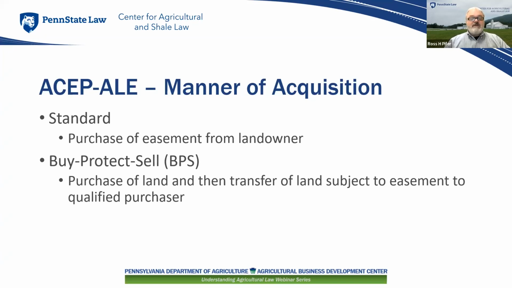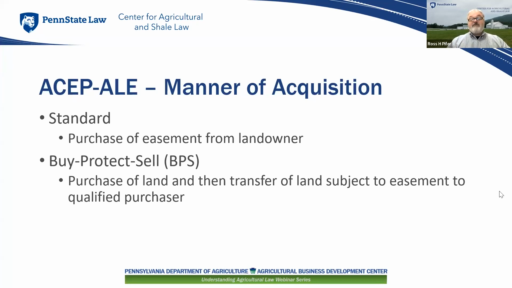But there also is a buy, protect, sell, or BPS, method where, as part of a transfer from a landowner to another landowner, the partner entity is involved in that transfer. So the partner entity purchases the land and then transfers it subject to the easement.